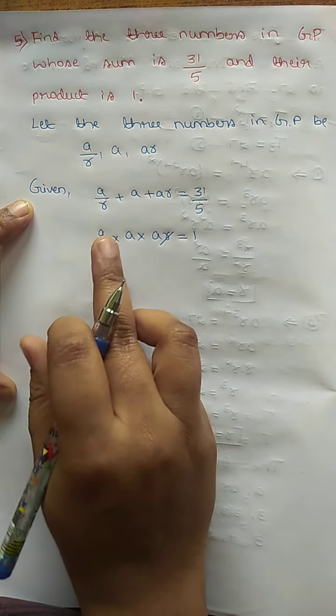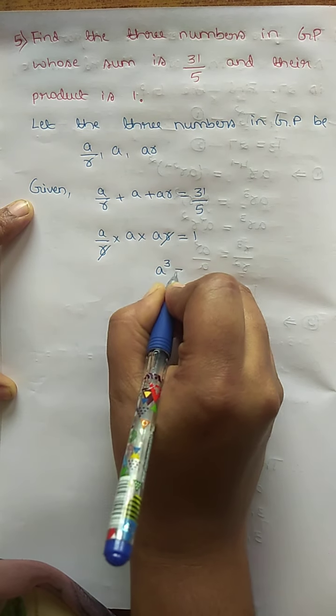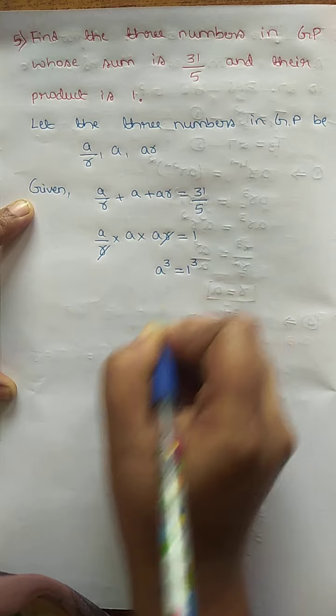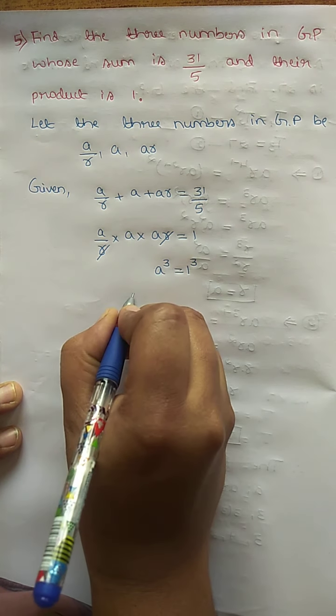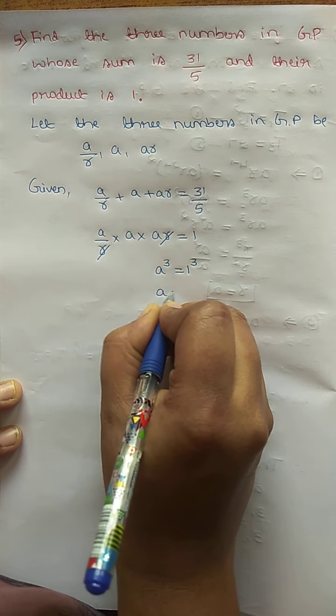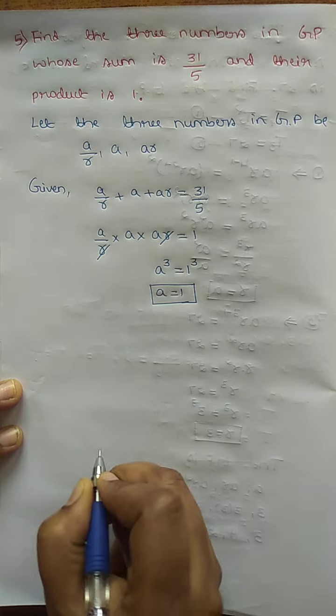R gets cancelled, A into A into A, that is A cube equals 1. 1 can be represented as 1 cube. Powers are the same, therefore bases are also equal. Therefore A equals 1.